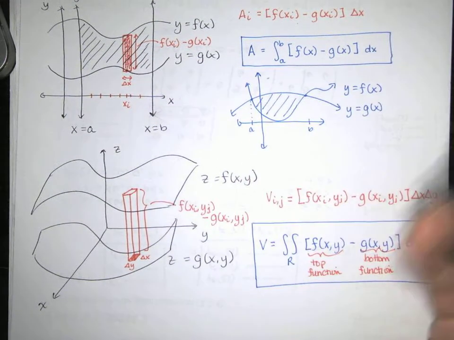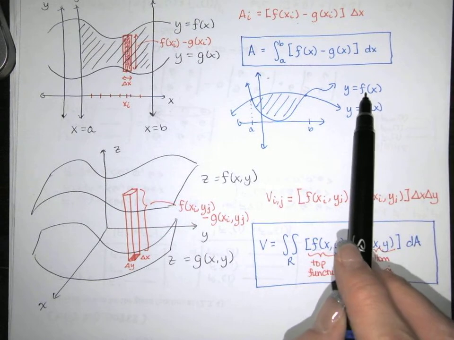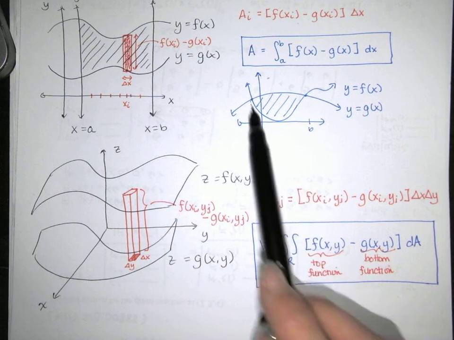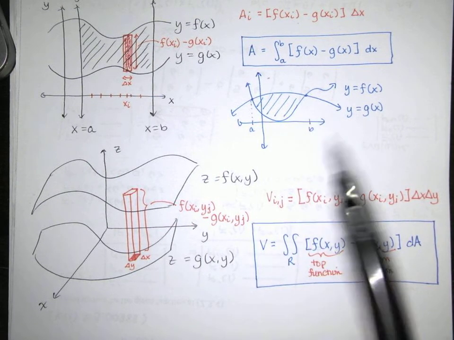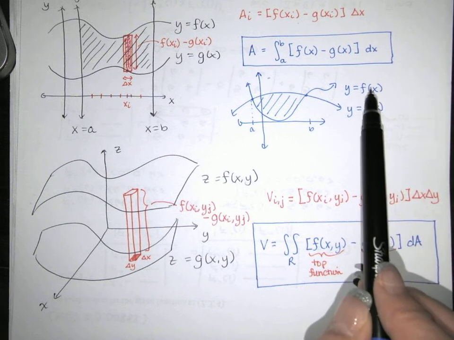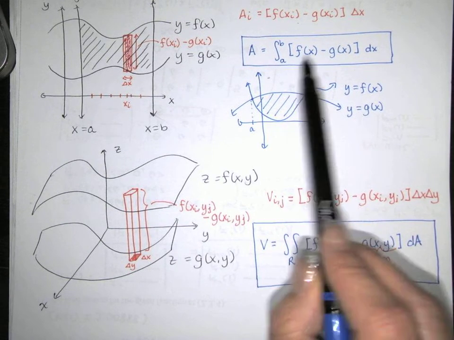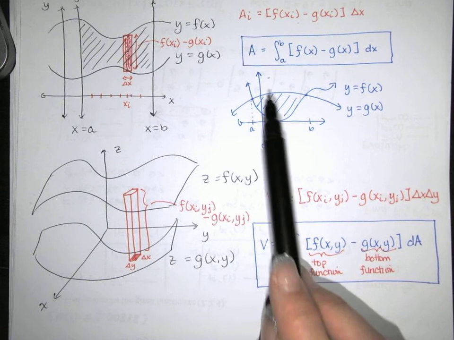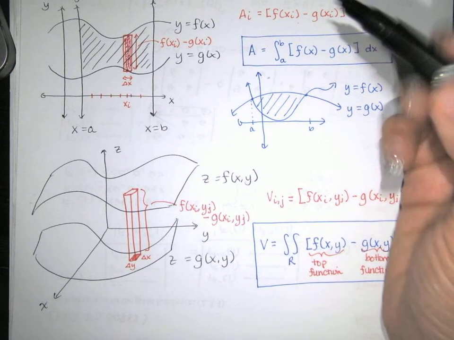So this time, with the labels that I've used, f(x) isn't the top function, f(x) is on the bottom, and g(x) is on top. So don't let the labels trick you. It's not important that f is first and then we have g. What's important is that we have the top function minus the bottom function.